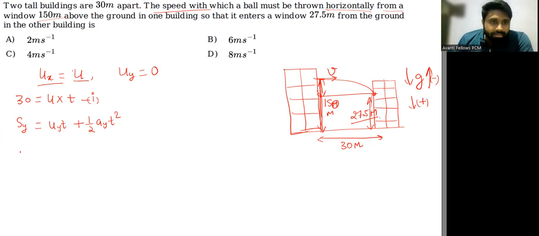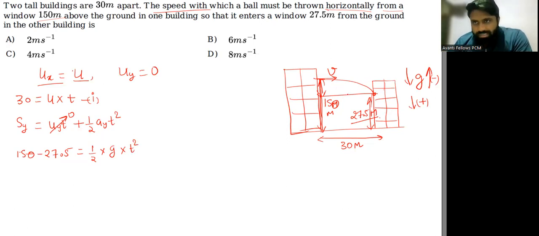Now, 150 minus 27.5 is equal to uy, which is initially 0, plus 1 by 2 times g into t square. The time must be the same: the same time taken to cover the horizontal range is taken to cover the vertical range.